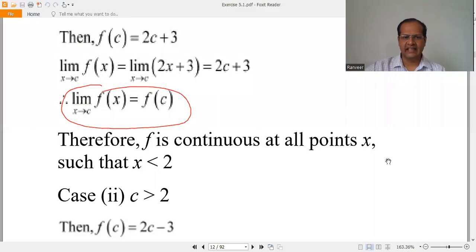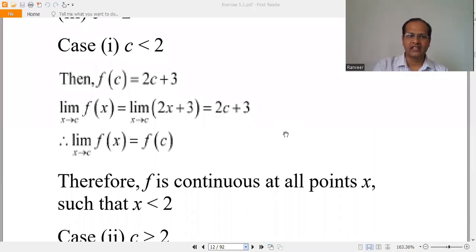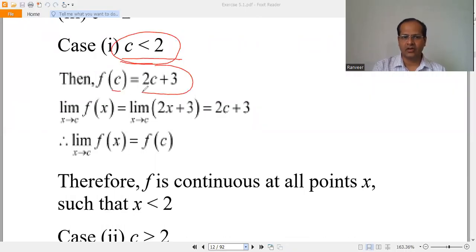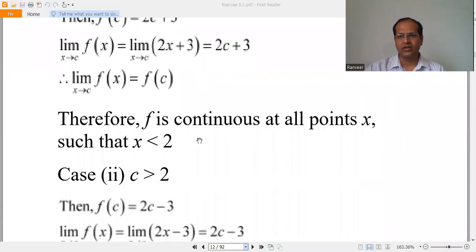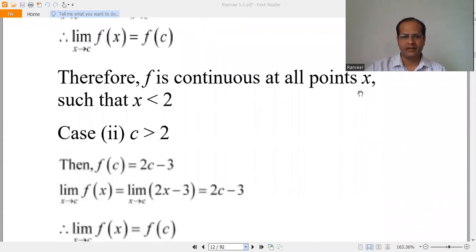So for c less than 2, there is only one definition of the function. That's why it is continuous at the particular point c less than 2. This is the first case. So f(c) has only a single definition. That's why it is continuous when c is less than 2. Now for c greater than 2, there is only one definition of the given function, correct?